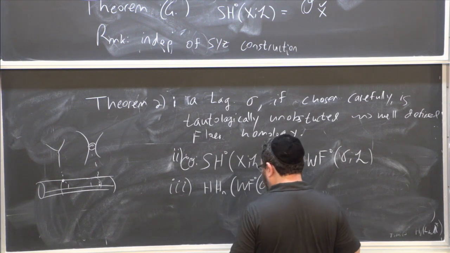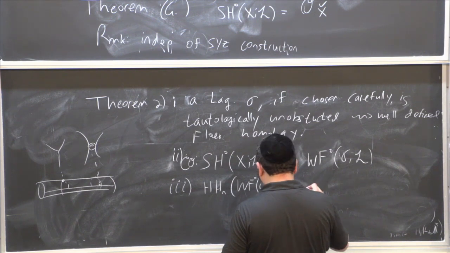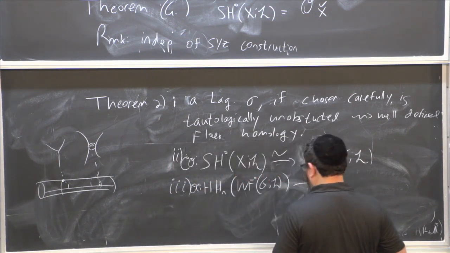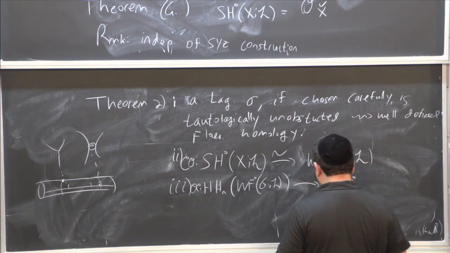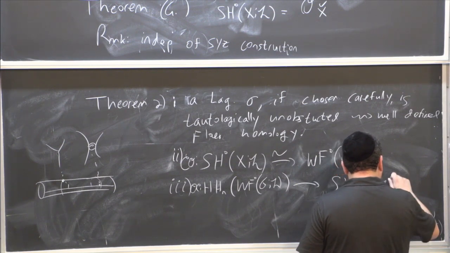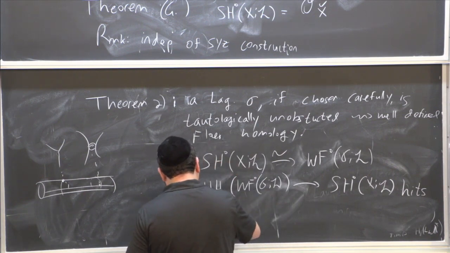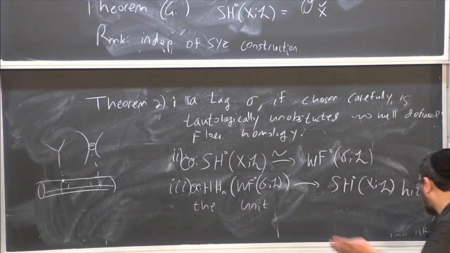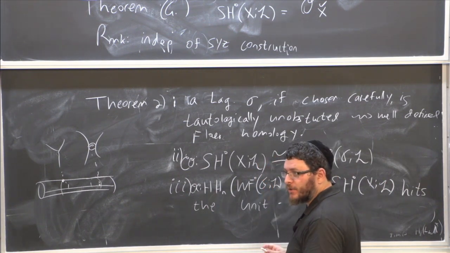So if we take this thing, there's a map from this, again, to zeroth symplectic homology, and it hits the unit. So that's just some kind of statement, and you may ask why I care, but this is Abouzaid's generation criterion.